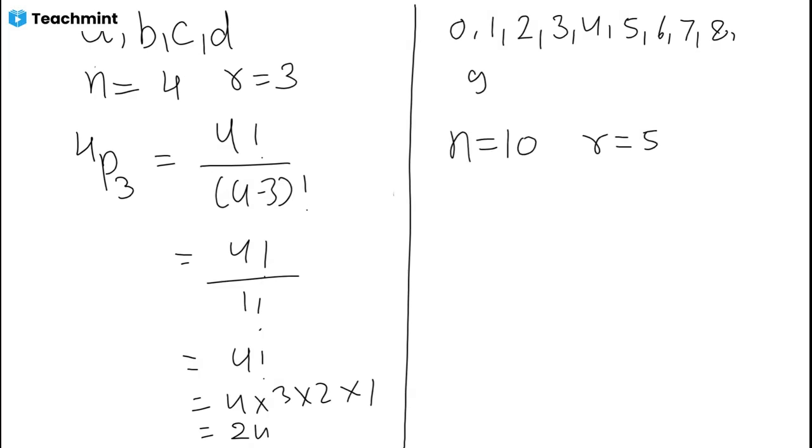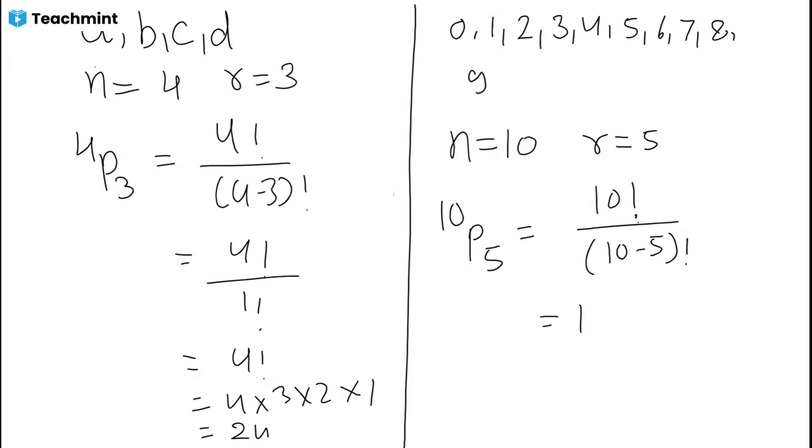I'll give you this question on WhatsApp also. We need to find the total number. So just put in the formula, 10P5, and simplify it by using this formula or the shortcut trick of the factorial value. Do you remember that?